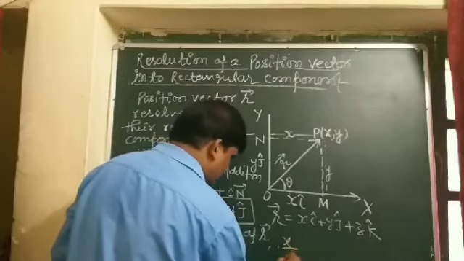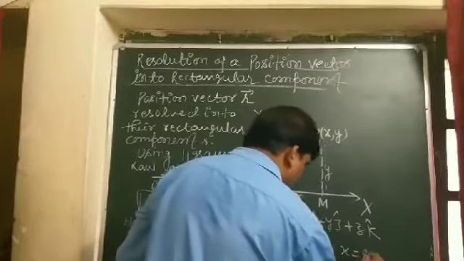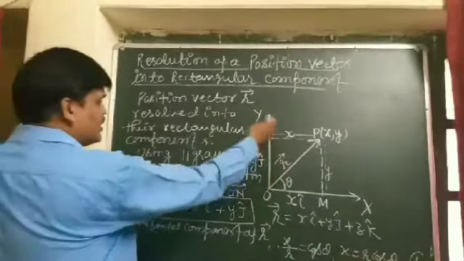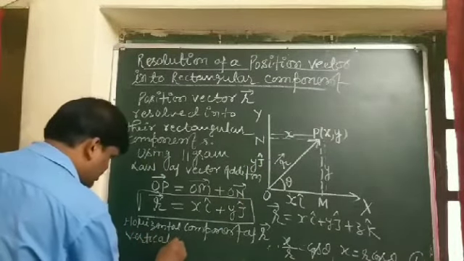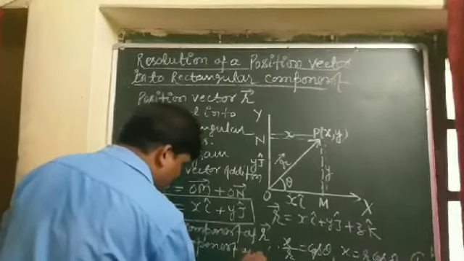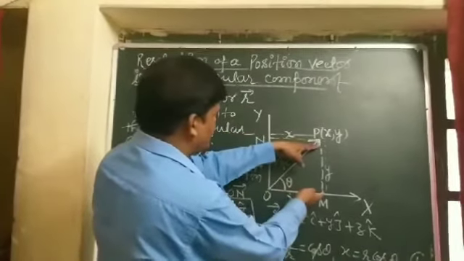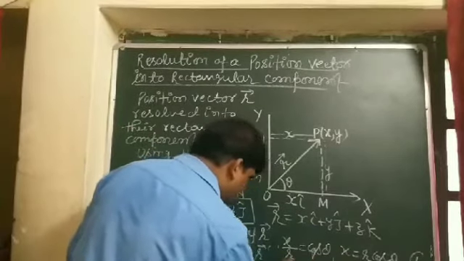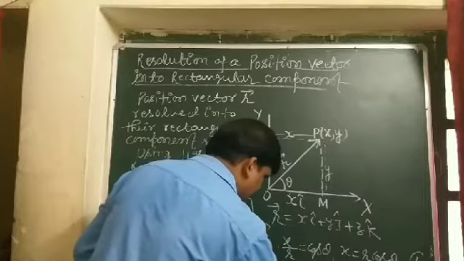So x by r equals cos theta, so it can be written as x equals r cos theta. This is equation 1. And the vertical component of the position vector r is perpendicular by hypotenuse, so I will write y equals r sin theta.